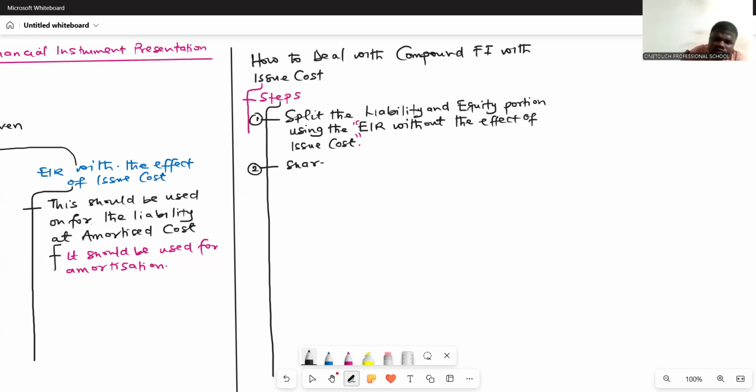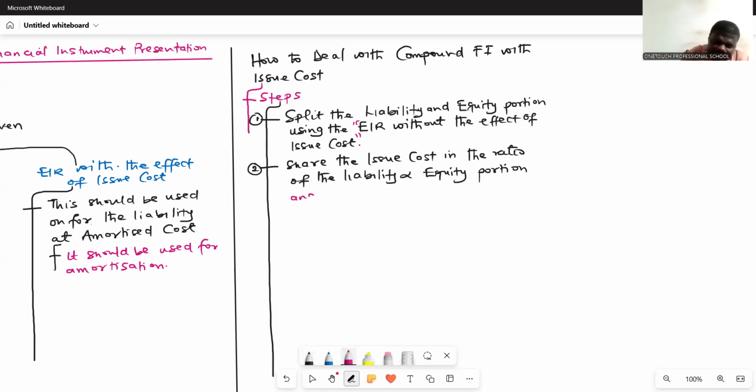Share the issue cost in the ratio of the liability and equity portion, and deduct respectively.